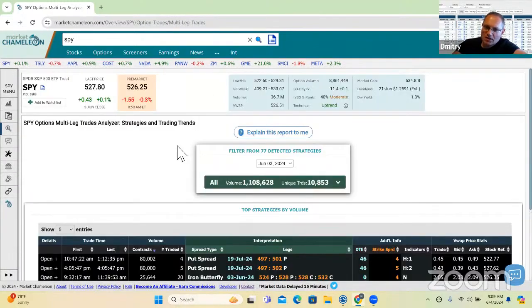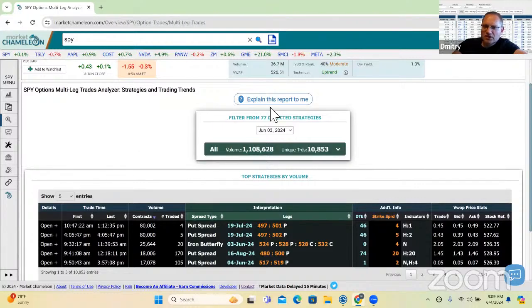So in SPY, we can see that there are 77 different strategies used by options traders yesterday. We're on June 3rd. We're not open yet, so this is as of yesterday's close. There are 1.1 million contracts that traded yesterday involved in multi-leg trades, and we had over 10,800 unique combinations of strategies.